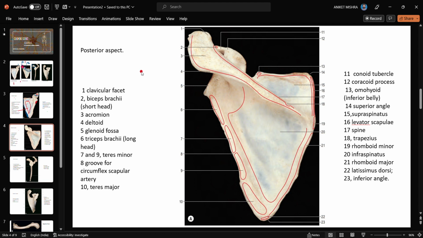We are going to start with the originating muscles.